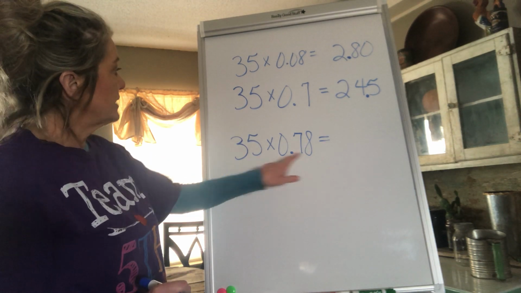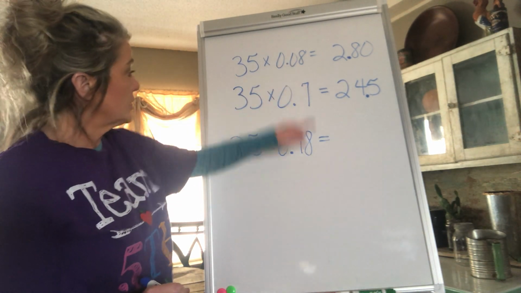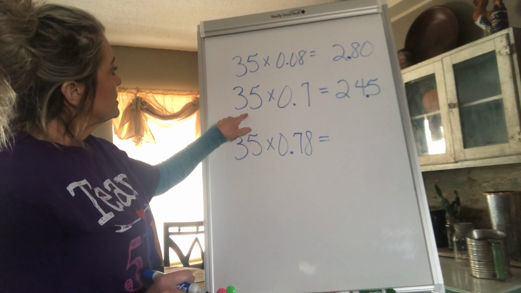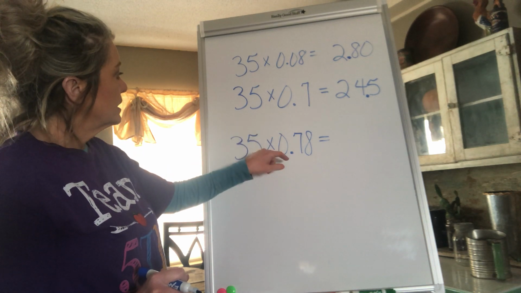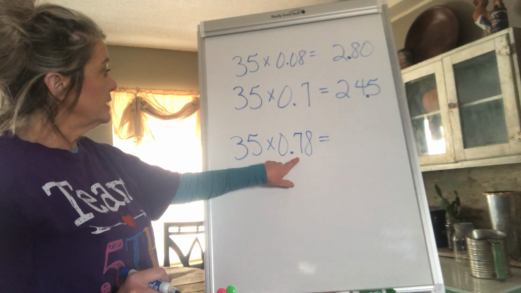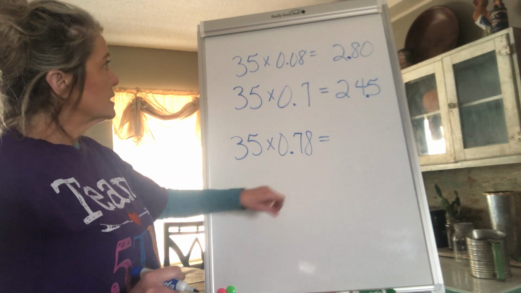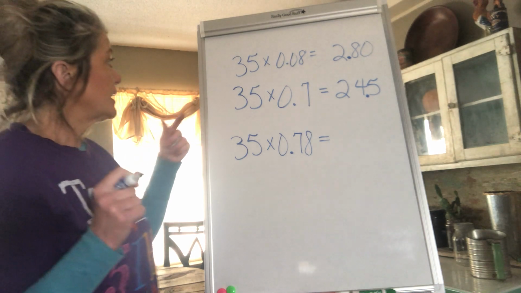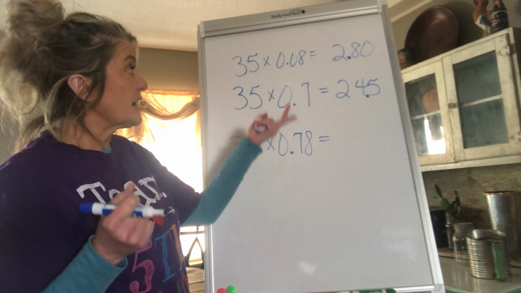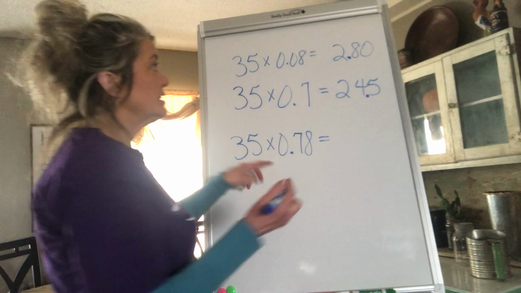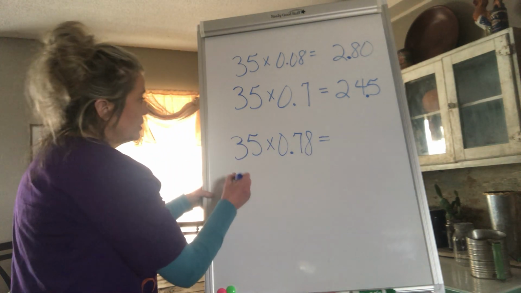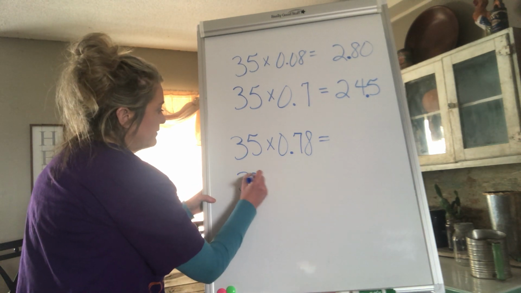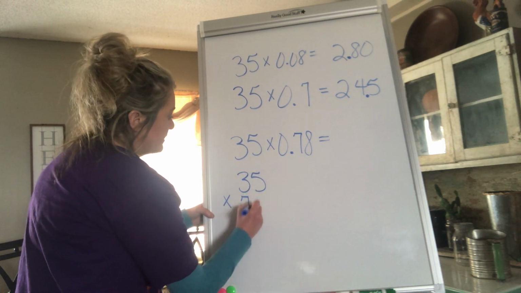And don't we have 35 times 8/100ths down here? Because in the hundredths place, we still have an 8. And the next problem gave us 35 times 7/10ths, and we also have 7/10ths here. So let's do this 2 different ways and see if we come out with the same answer, because I think that since I know this and I know this, if I add them together, I should get the answer to this.